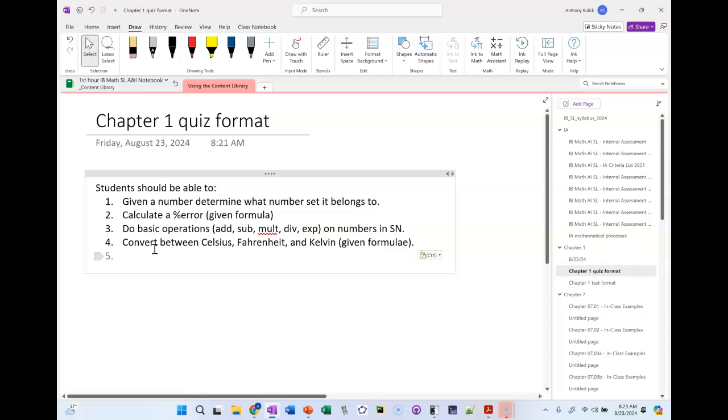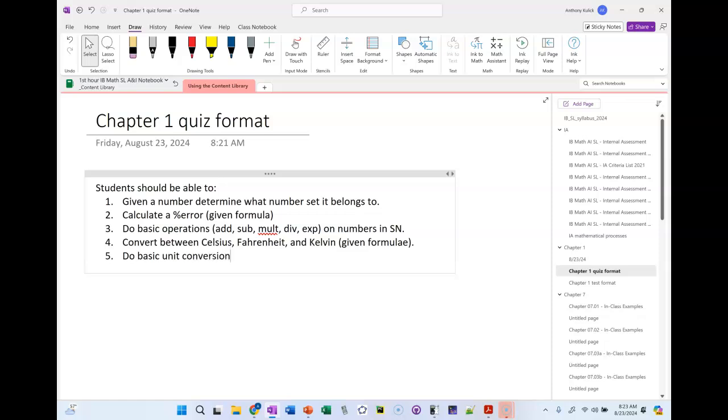You should have to do temperature conversions. Some basic unit conversion.